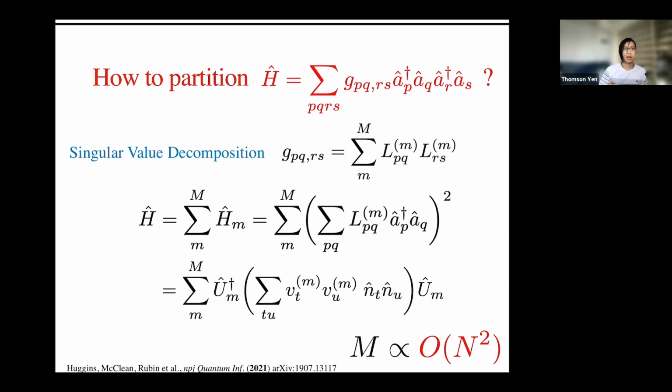So instead of an n by n by n by n tensor, you now have an n squared by n squared matrix representing G. What you can then do is, again, just diagonalize it, do an SVD, and you distribute the eigenvalue onto both of the vectors that you have. And these are vectors because PQs are composite indices.